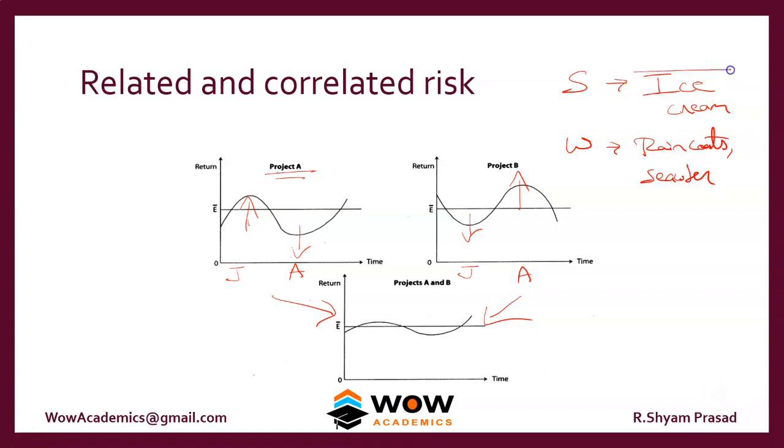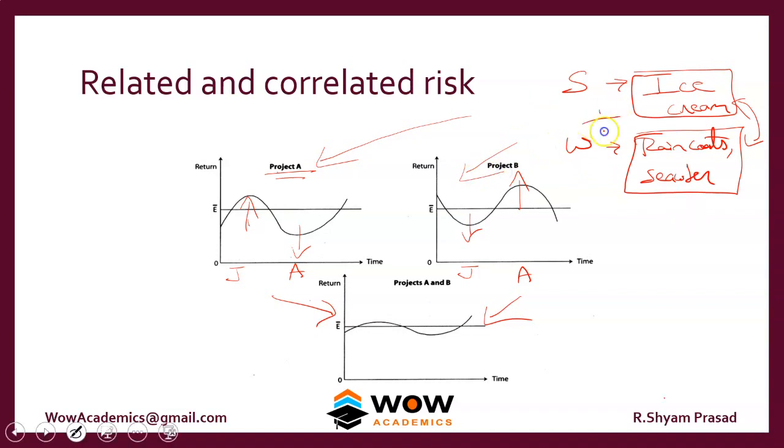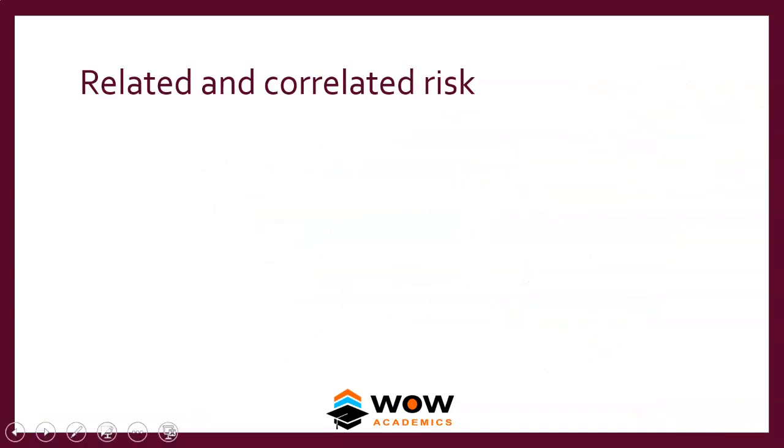So in summer you made money, and in winter also you made money. These two products are negatively correlated, right? Ice cream is like project A. Raincoats are like project B. When you combine both these things together, you get a cash flow like this. So we'll see in reality how this works.